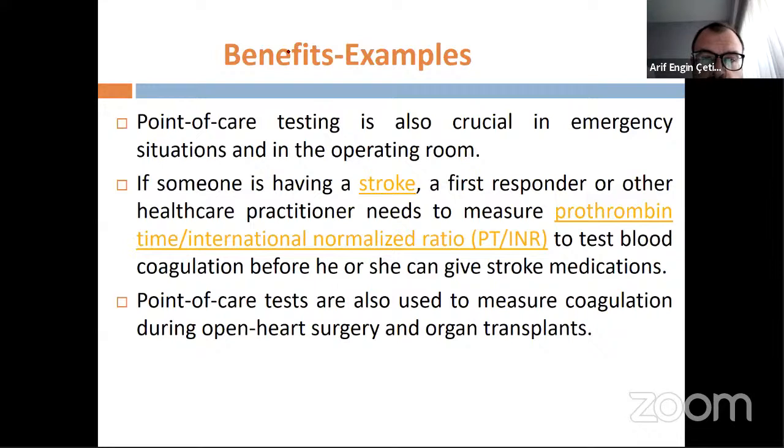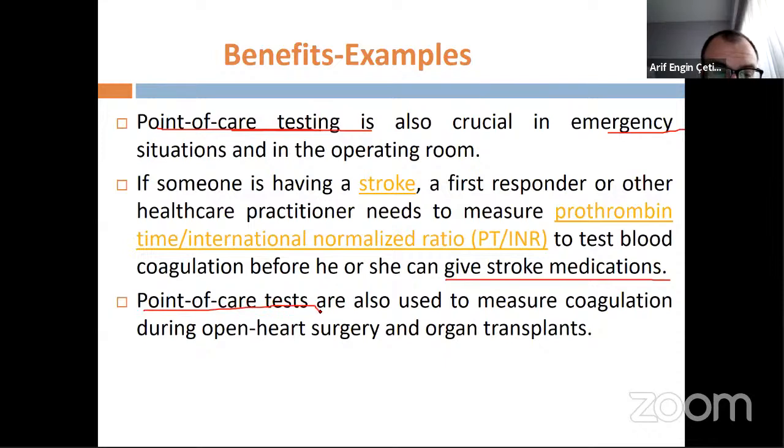Another example of the benefit of the POCT is that POCT tests can be used in emergency situations. For example, if someone is having a stroke, you measure PT-INR, prothrombin time international normalized ratio, to test blood coagulation. You can determine the situation of the patient, even if the patient has had a stroke.